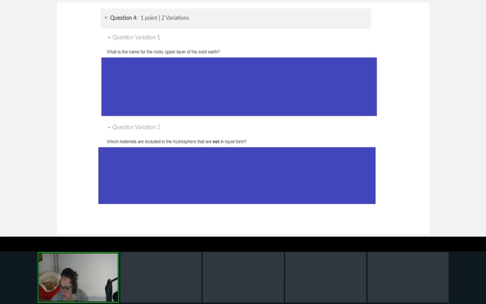Question 4. What is the name for the rocky upper layer of the solid Earth? We have the biosphere, the magnetosphere, the atmosphere, and the lithosphere. Remember on the first question when I told you about the lithosphere being the rocks, the crust of the Earth.